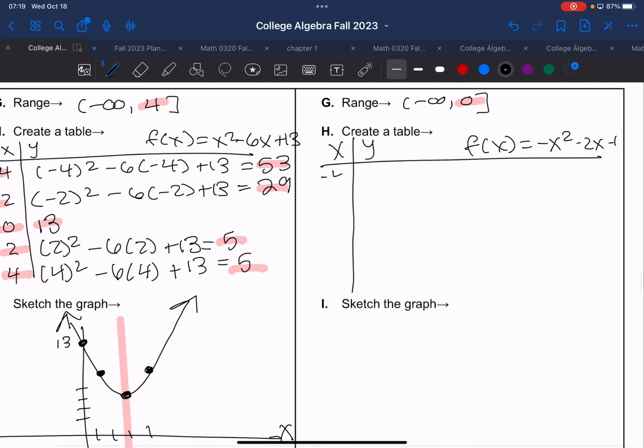And I'm plugging in a negative 4, negative 2, 0, 2, and 4. So I'm plugging in all these values in for x. So the first one I have negative, parentheses, negative 4 squared, minus 2 times negative 4 minus 1.